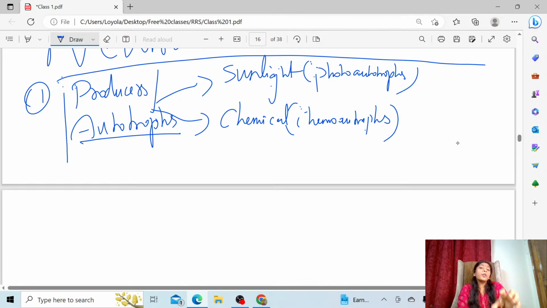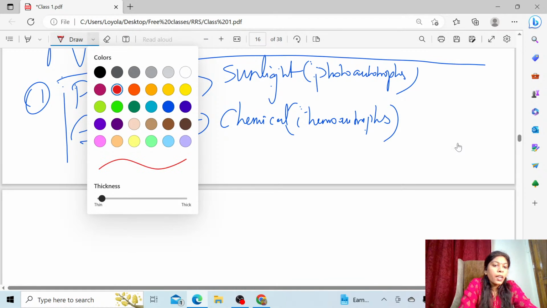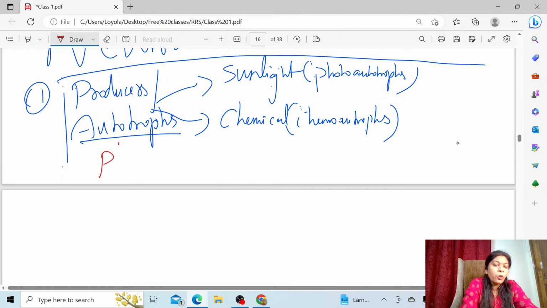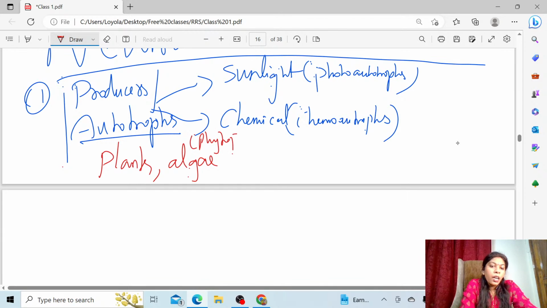So here you have to learn the examples. What are those organisms which can be a producer? We all know plants are the biggest producers. Not only plants, take algae, especially in the marine environment; algae are otherwise phytoplanktons. Along with the algae, the protists will also come. What are those?